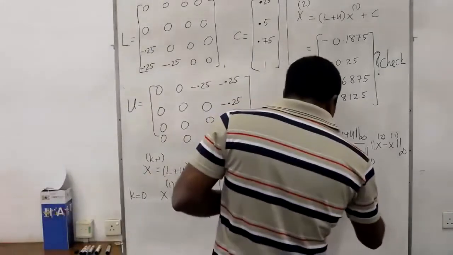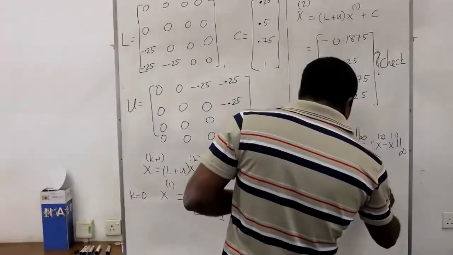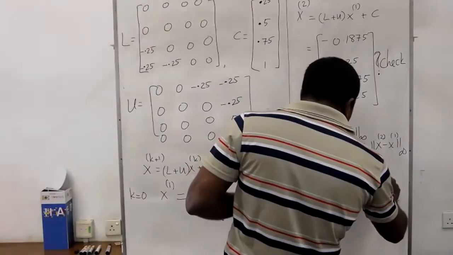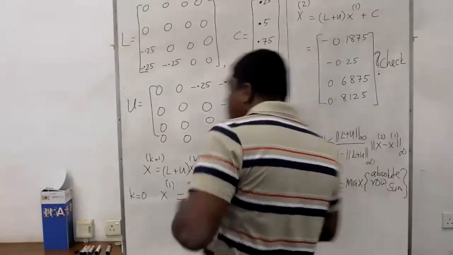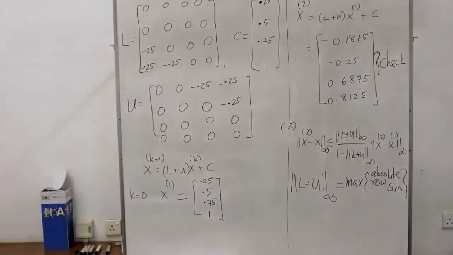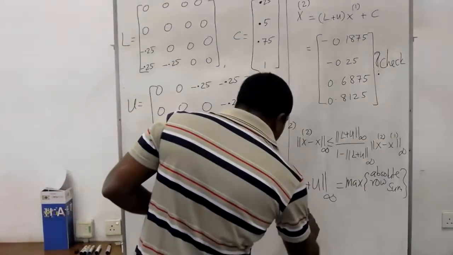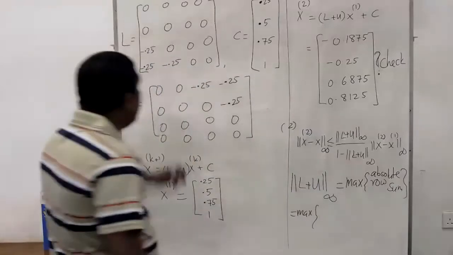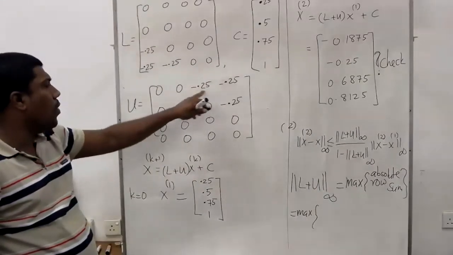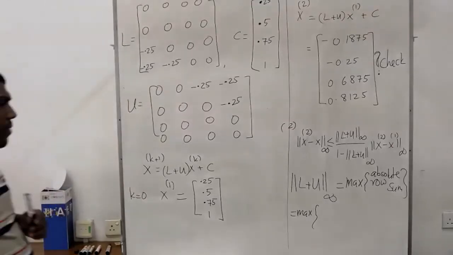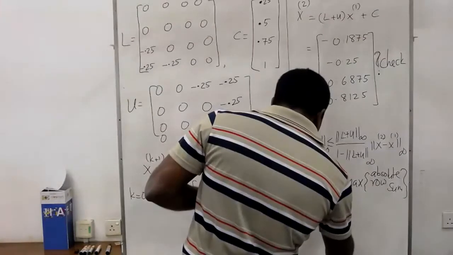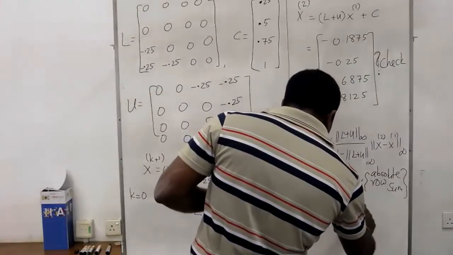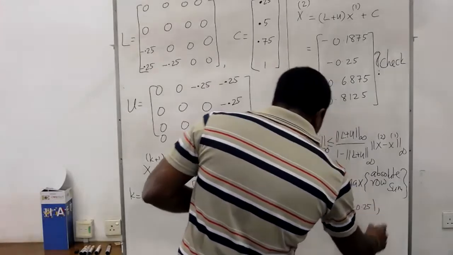So you get the maximum of the absolute row sums. That is the infinity norm of L plus U. So you will get the maximum over each of the rows. First row of L plus U, there is 0.25, 0.25, so 0.5. Let me write down the absolute value of minus 0.25 plus the absolute value of minus 0.25.